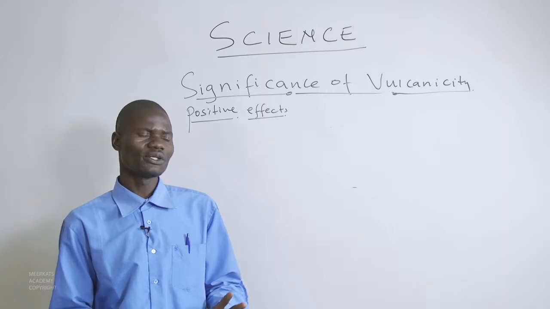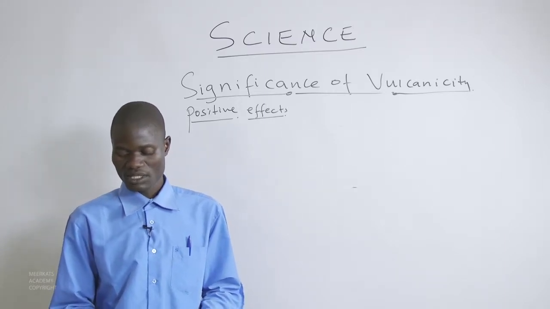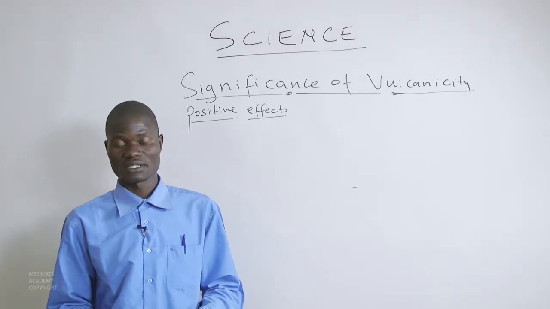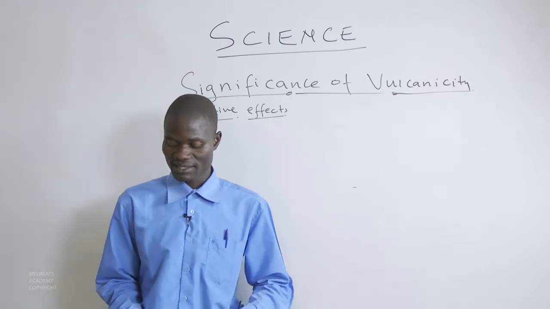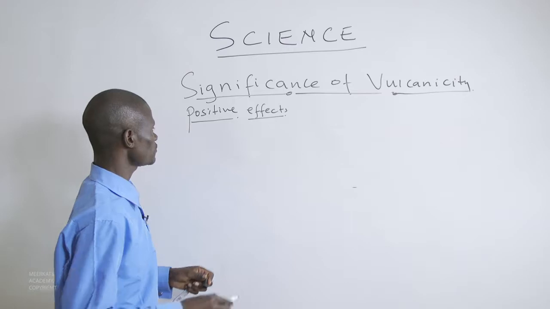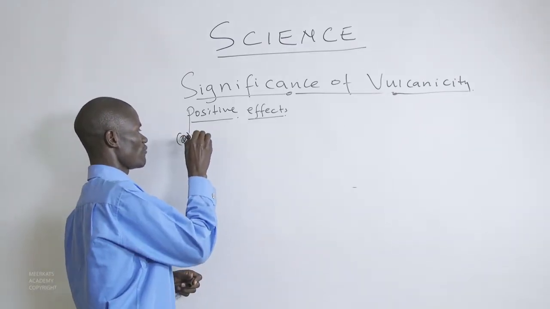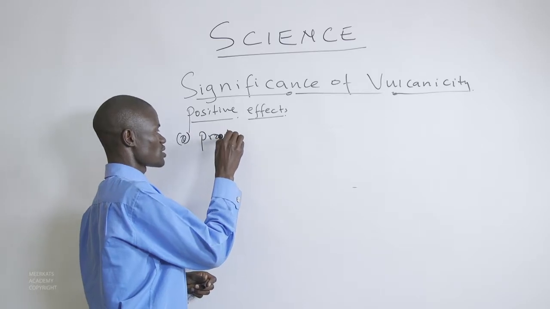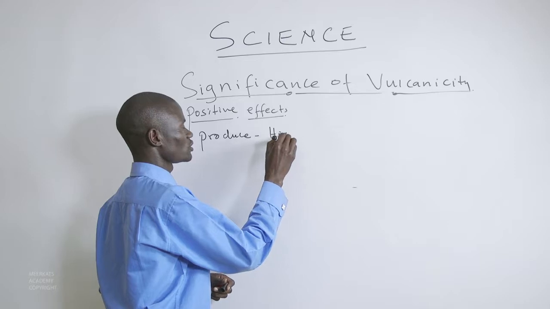For example, when you look at the positive effects of volcanicity, in the previous part we looked at how volcanicity produces high volcanic mountains, which is one of the effects.